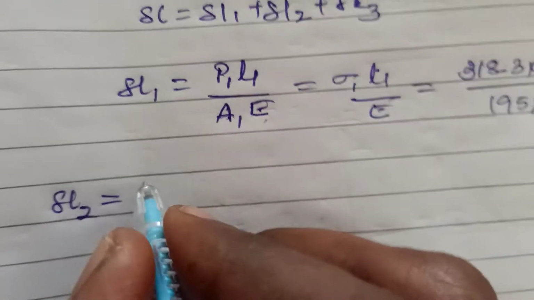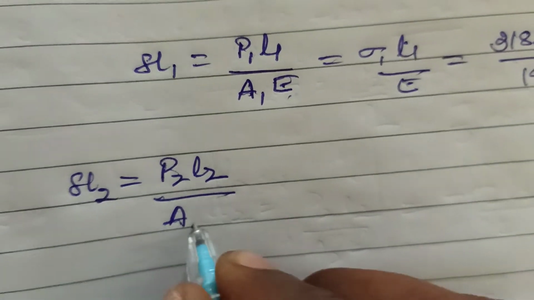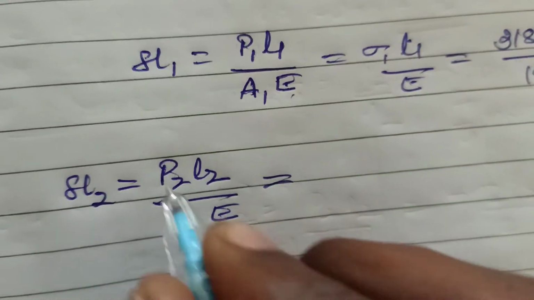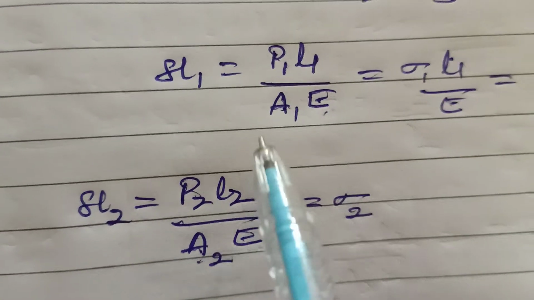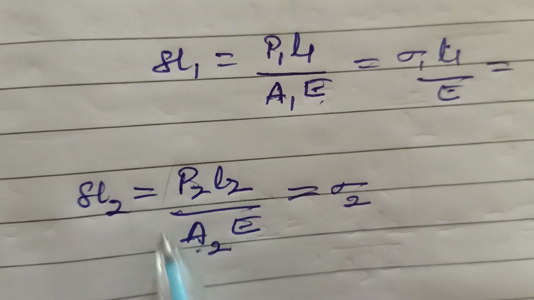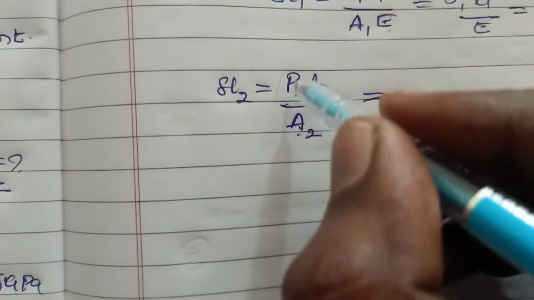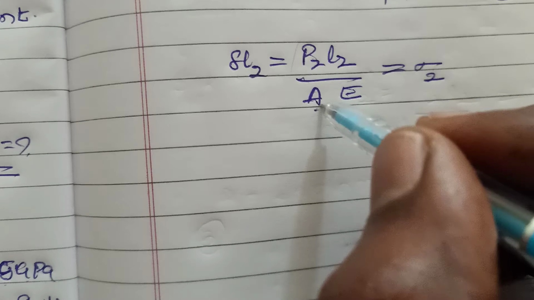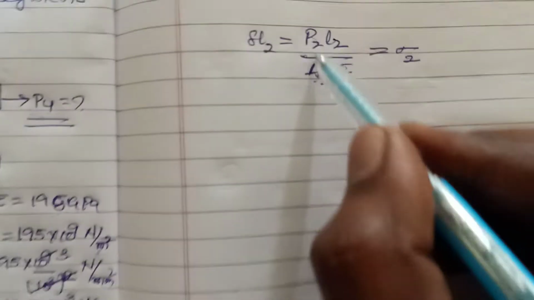Similarly calculate delta L2. Delta L2 is equal to P2 L2 divided by A2 E. P2 divided by A2 is nothing but sigma 2. If I hadn't calculated this value, then you would have to substitute directly here the values of P2 and A2. But because we already calculated it, there is no need to substitute again and again.